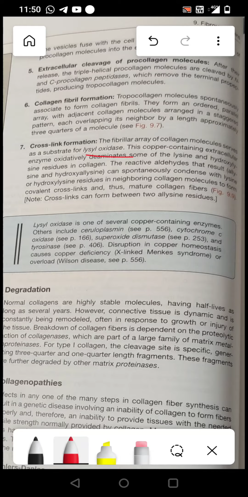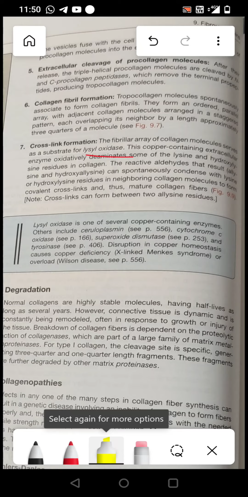Lysyl oxidase is one of the very important copper-containing enzymes. Apart from that, there are others like ceruloplasmin, cytochrome, superoxide dismutase, tyrosinase. If copper homeostasis is disrupted, it causes copper deficiency or overload: Menkes syndrome or Wilson's disease.